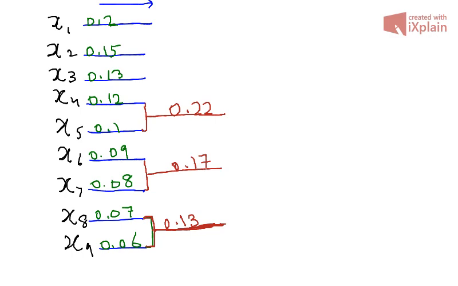So we have to merge x3 with this one, 0.13 and 0.13. We will not merge x3 with x2, because this branch has lower probability than x2. So we will generate a new branch, and it would have a probability equal to the sum of these two, which is 0.26, right? 0.26.